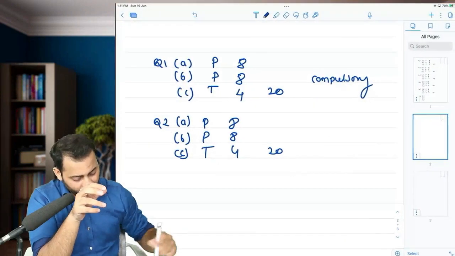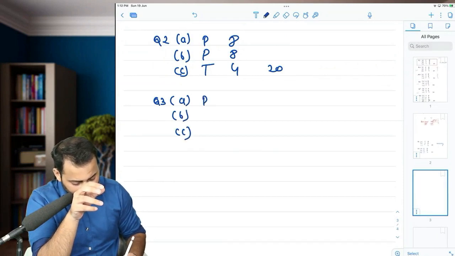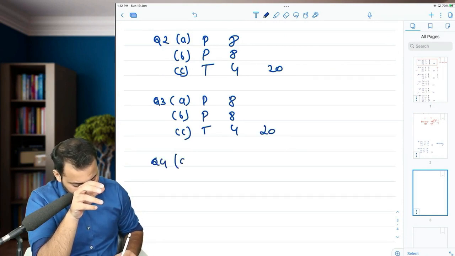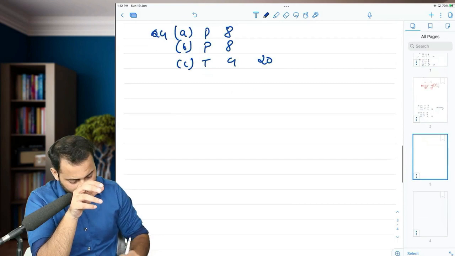All in all, what I want to say is the pattern is like this. Question number 3, A, B, C, practical, practical, theory, 8, 8, 4, 20 marks. Question number 4, A, B, C, practical, practical, theory, 8, 8, 4, 20 marks.